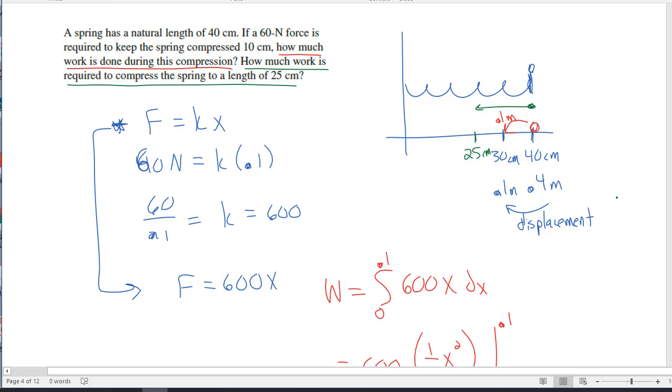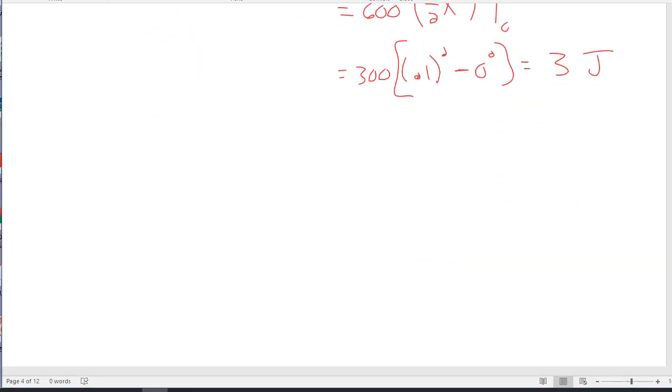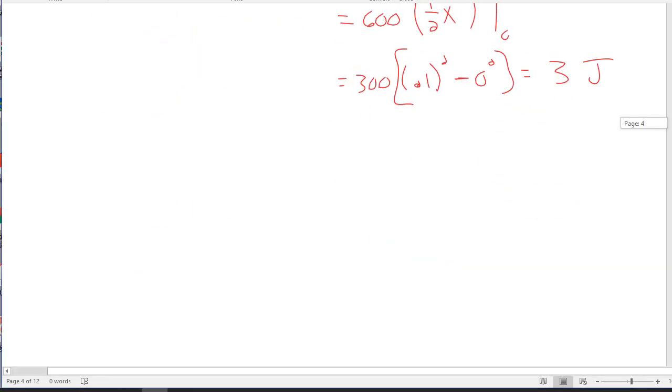Now obviously that is a distance of 15 centimeters. So we're going from 0 of natural length to a 15 centimeter or 0.15 meter compression. So let me scroll down here. We're integrating from 0 to 0.15.